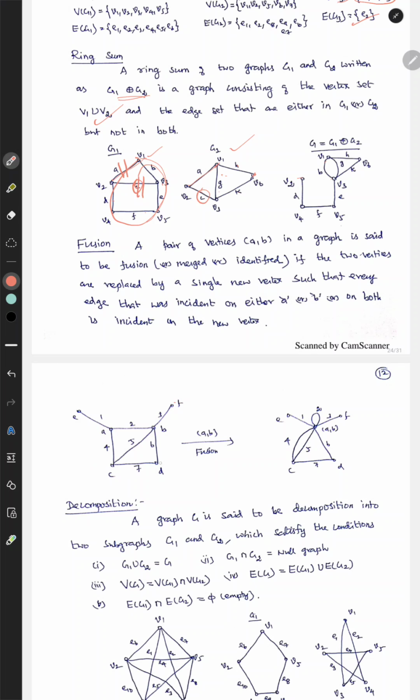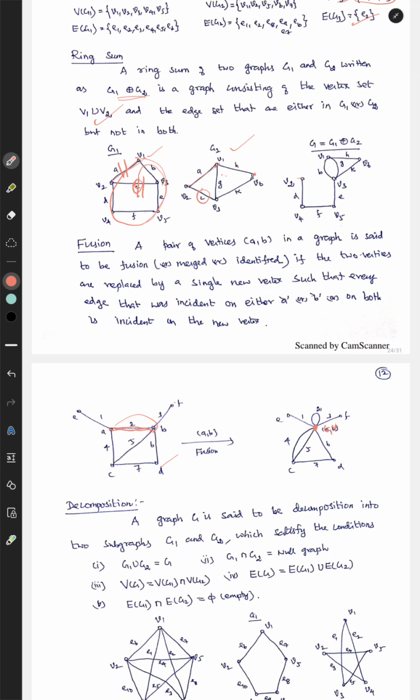So consider this graph. You have AB as an edge. In the fused graph we are going to consider AB as a single vertex. So now give the incidence of the edges.